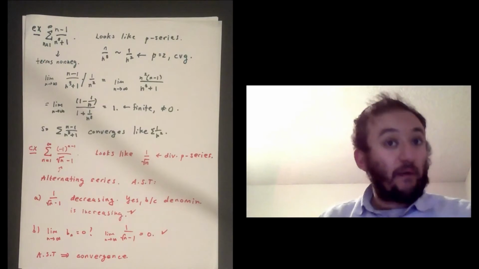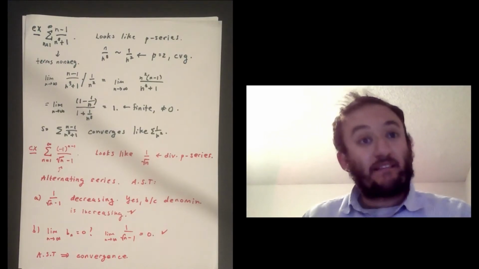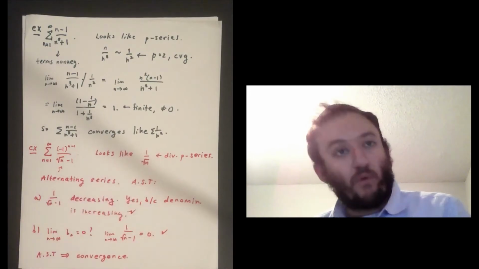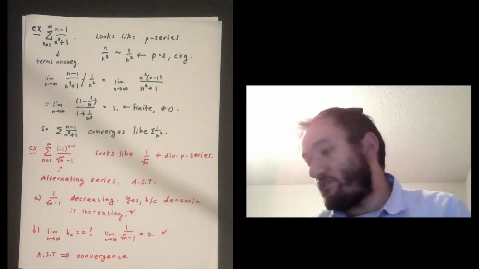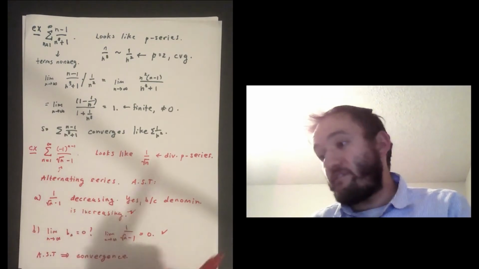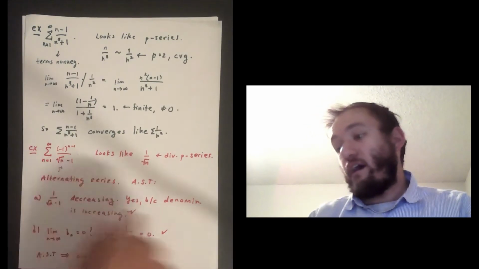If you were asked about absolute convergence, the answer would be no because it looks like 1 over square root of n, which we know is divergent. But using the fact that it's an alternating series allows us to get conditional convergence.